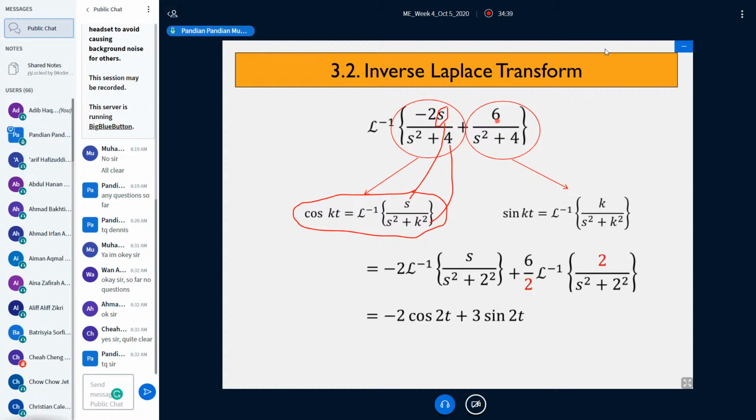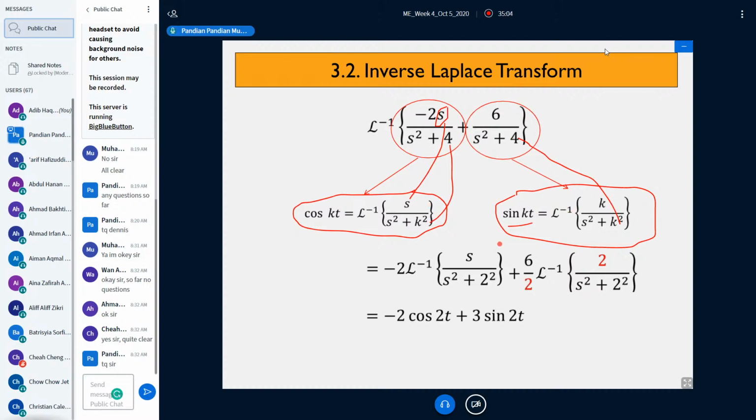And for this one, there is no s. So here, s squared plus 4, we use sine, and in this case k squared is also 4. But since this is 6 and there is no s, you cannot use cos. You must use sin. The answer for this is cos, and the answer for this one is sine.